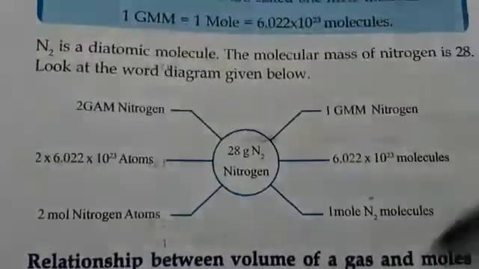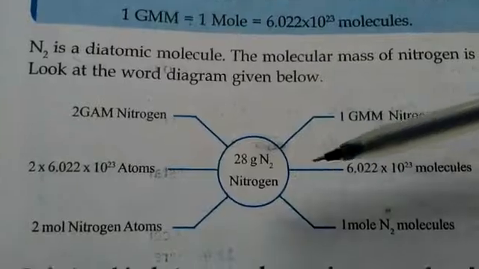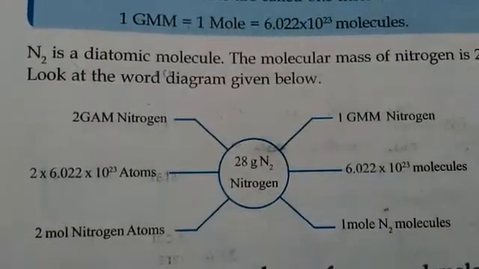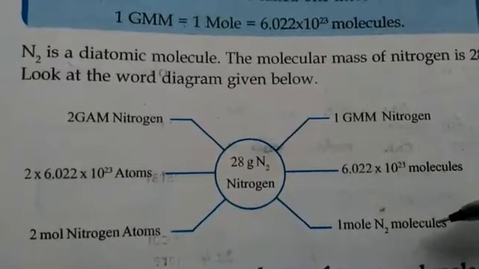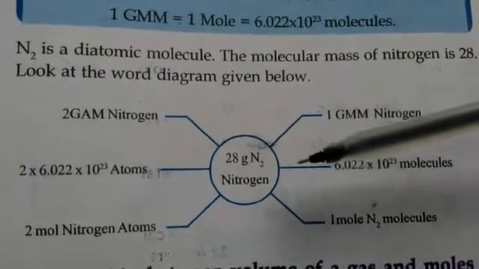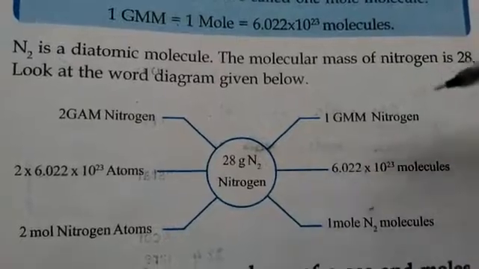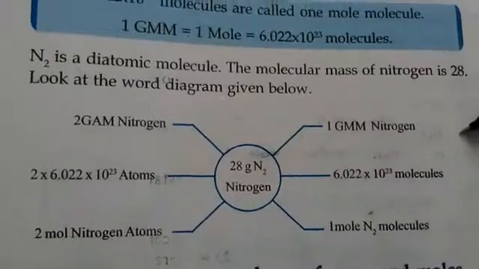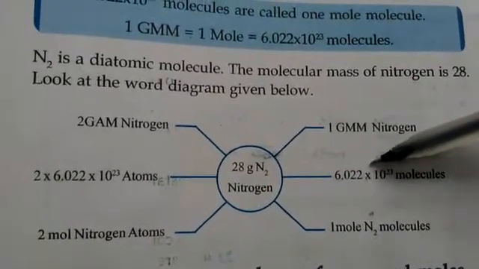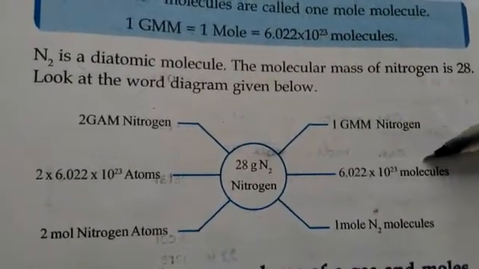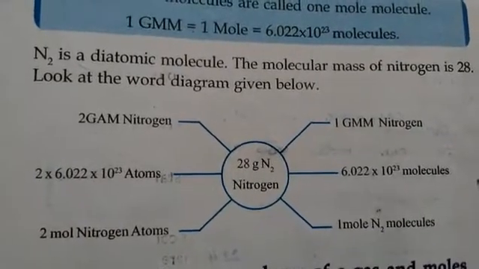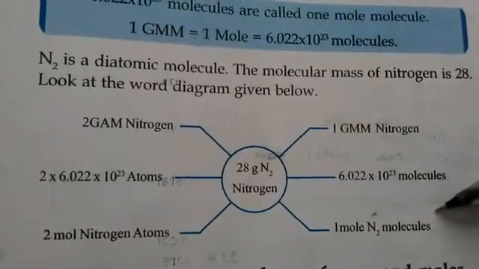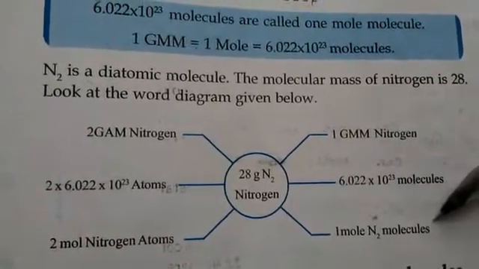Then see this table. 28 gram of nitrogen. Nitrogen can be expressed in these ways. So it's very important while doing the problems. So 28 gram of nitrogen contains 1 GMM of nitrogen. So that is equal to 1 GMM of nitrogen, and which is equal to 6.022 into 10 raised to 23 molecules, or Na number of molecules, or we can say in another form 1 mole of N2 molecules.